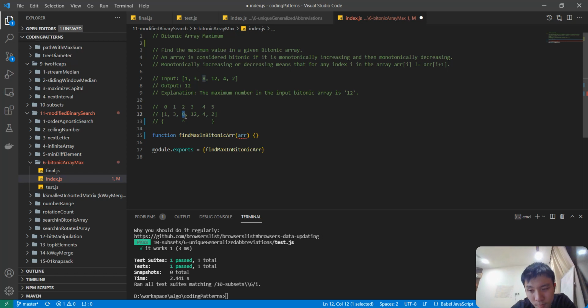There's an observation here that we can make, which is this middle number can only be either in the increasing part or the decreasing part, or if it is in both parts, it means it itself is the cross point and also the maximum number.